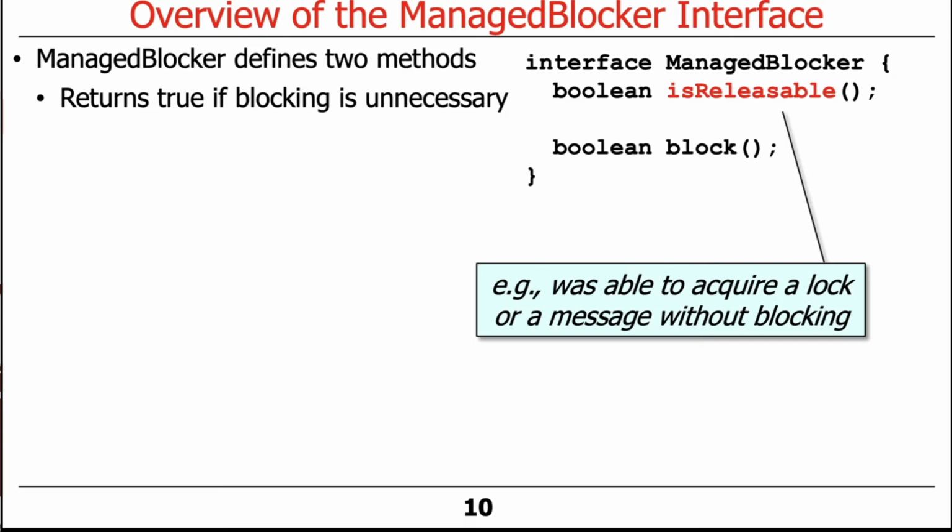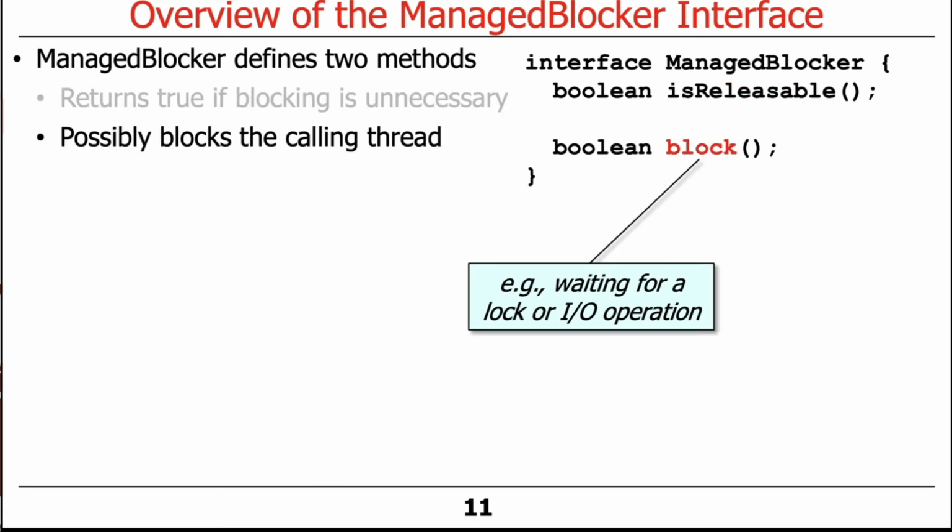That means the resource you're trying to obtain, maybe a lock, maybe a message, can be acquired without having to block anything. And that's good because that tells the framework, no need to do all this extra compensating work by creating another thread. I got my resource, we can keep going.